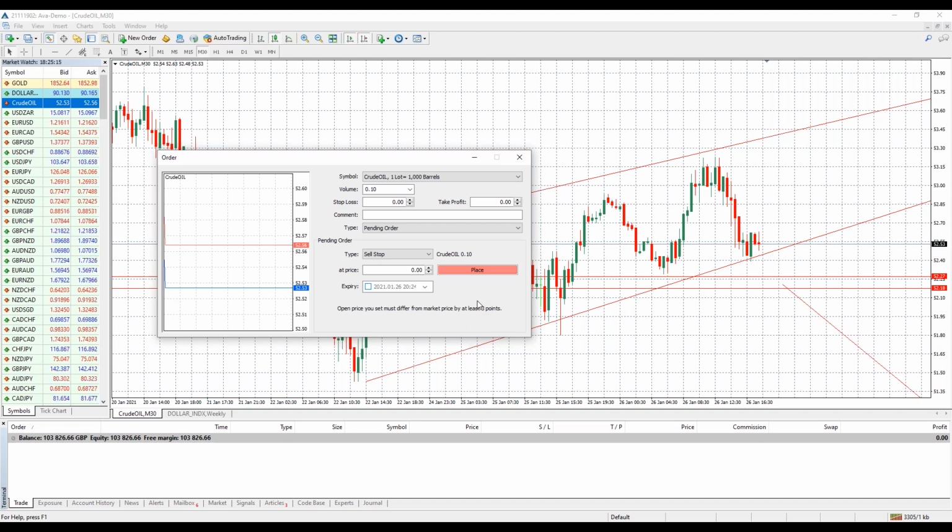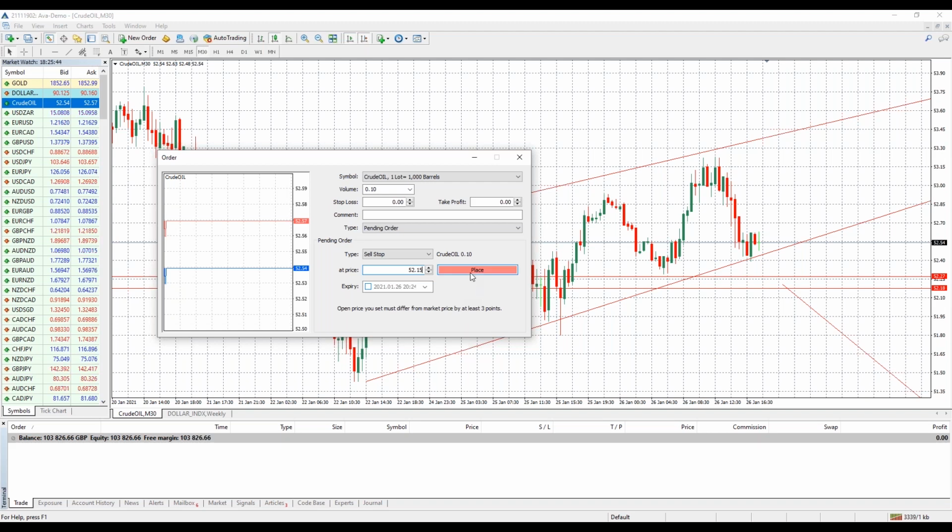All right, so as I'm showing you here, the sell stop, this price, 52.18, would be below this support level. So I could say in my strategy that if the price breaks, let's say below 52.15, or if it reaches 52.15, then maybe I think that means there was bad news on the markets.